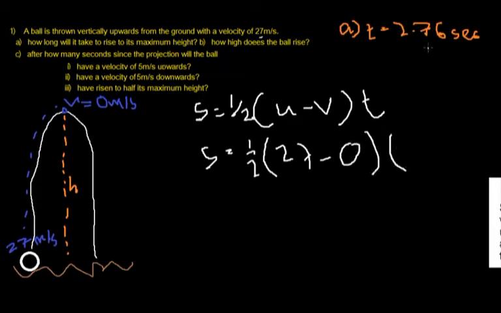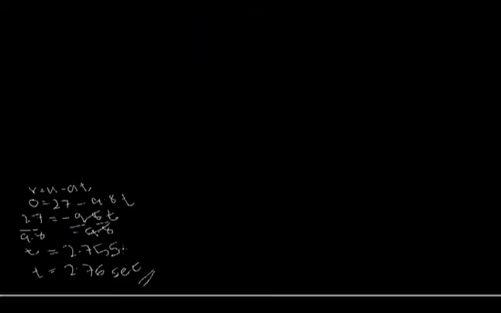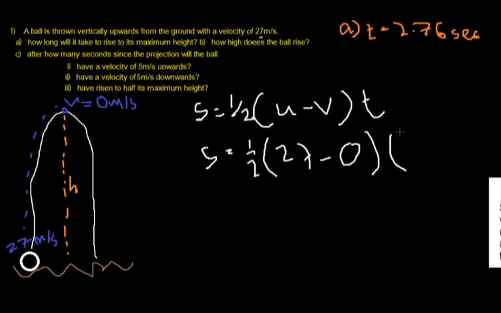We have already calculated the time, which is 2.76 seconds, or we can use the unrounded answer, which is 2.755. And then we can solve for S. 27 minus 0 is 27, so half multiplied by 27 multiplied by 2.755 is 37.2 meters.